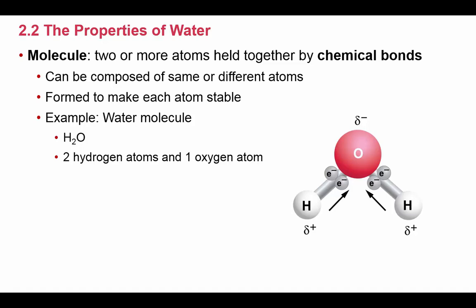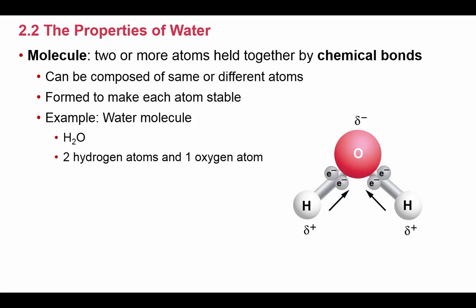You're looking at a water molecule. The formula is H2O. There's two hydrogen atoms and there's one oxygen atom. Now that little funny S-looking sign that you see above the oxygen and below the two hydrogens, that means polarity.